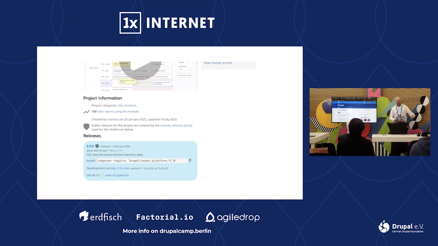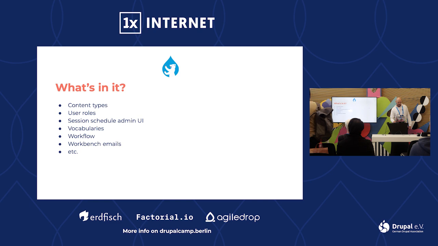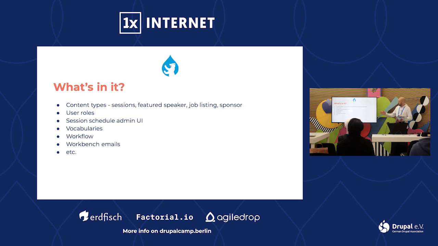As a base, we've seen what you get out of the box. What we've seen there is that it provides all the business logic and the data model for organizing your event already. So you have to have a website, of course, and you enable that module and you get different content types. He spoke about sessions. Of course, we need sessions and they have different fields like time slots and speakers and so on, title, description.